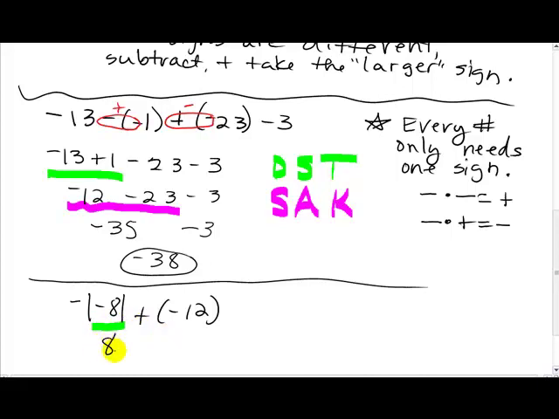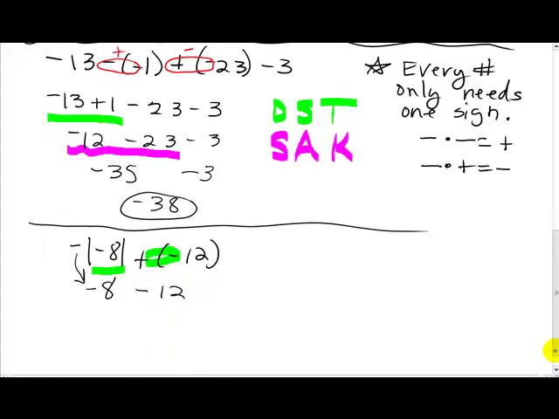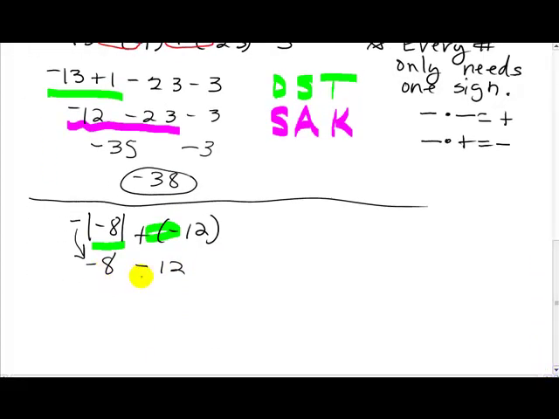So it becomes 8, and then we bring this negative down. Now we can take care of those two things at once. A plus and a minus will be a minus. Now when you look at it, these are the same. And so it's same, add, keep. So we'll have a minus 20.